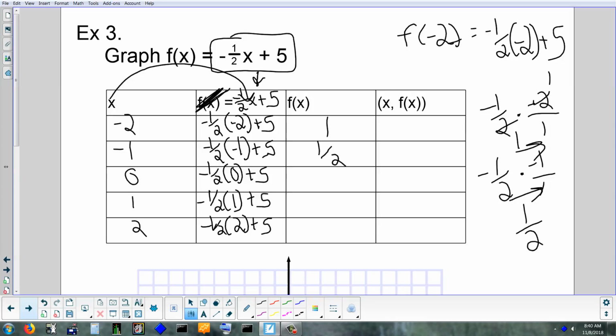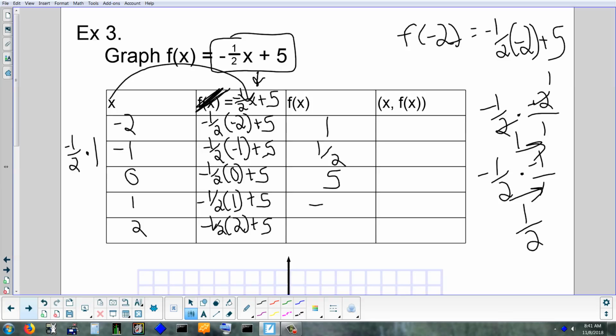All right? 1/2 times 0. 0, right? 0 plus 5? 5. Again, all I'm doing is simplifying the arithmetic that's here. Now I got negative 1/2 times 1. Negative times a positive? Negative.